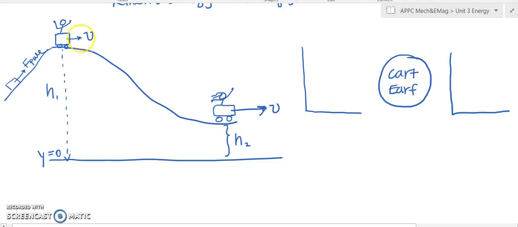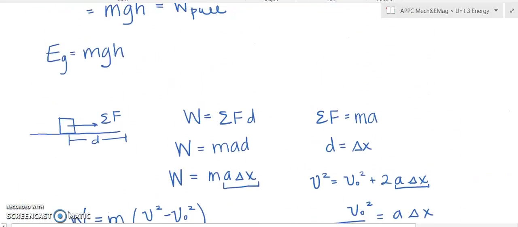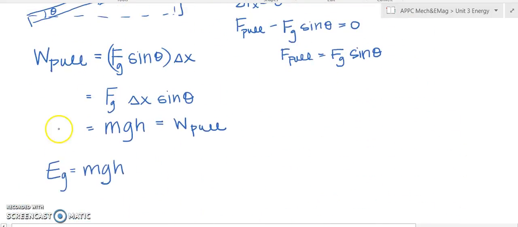So up here we have some energy stored in the position. I'm just picking this, and I'm going to call it E sub G. Let me just scroll back up here for a minute. So this was the work done to get the object to this height.